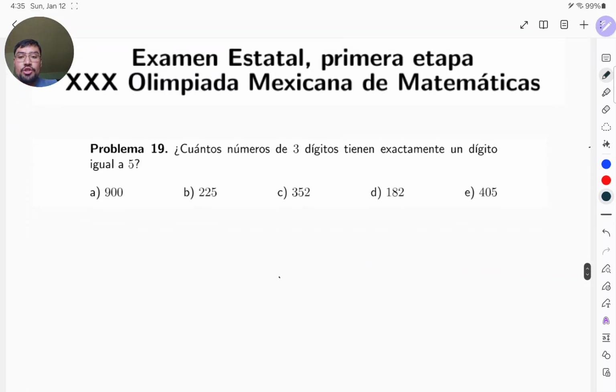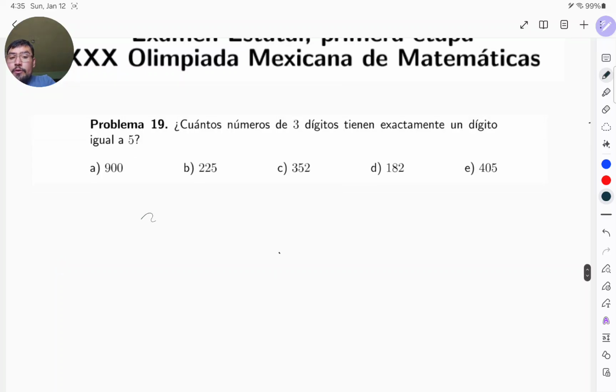In general, this problem asks us for numbers of 3 digits. Let me write digit 1, digit 2, and digit 3. We are searching for numbers where exactly one digit equals 5.